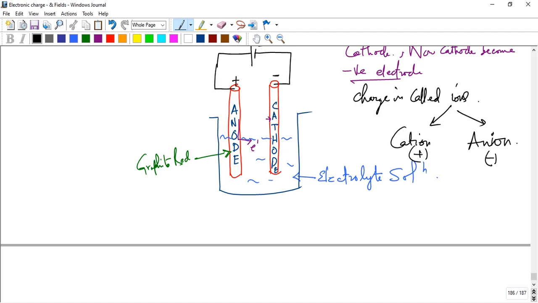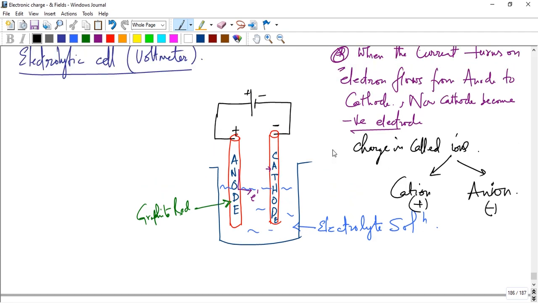So here the difference is like that. Suppose this is a positive ion, a cation, and here is an anion, a negative ion.